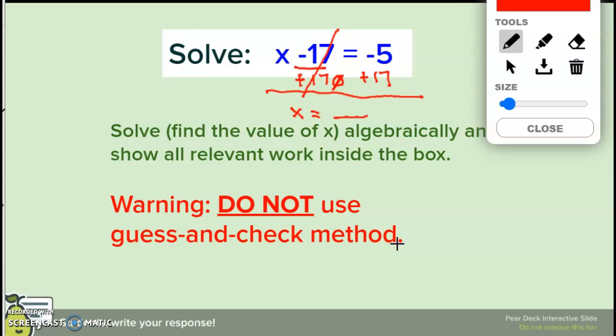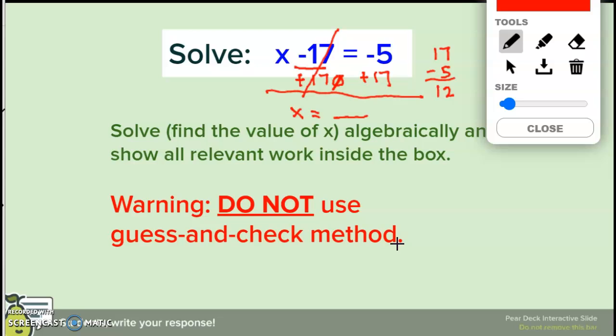You're adding 2 numbers with opposite sign. Remember integer addition and subtraction. When you're adding 2 numbers that are opposite in sign, you need to subtract just the numbers. So 17 minus 5. What is 17 minus 5? That's going to be 12.